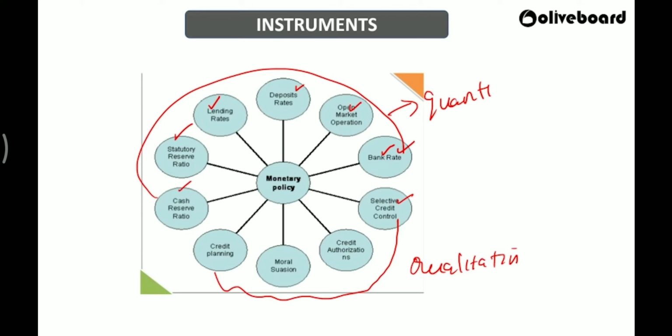Cash reserve ratio means that out of the total deposits a particular commercial bank has received, a certain percentage they have to maintain in the form of cash with the RBI. Statutory liquidity ratio means a certain percentage of their total deposits they have to maintain in the form of liquid investments.